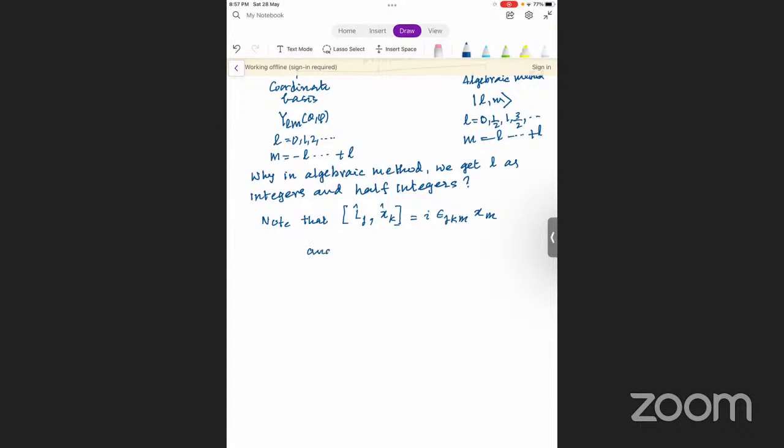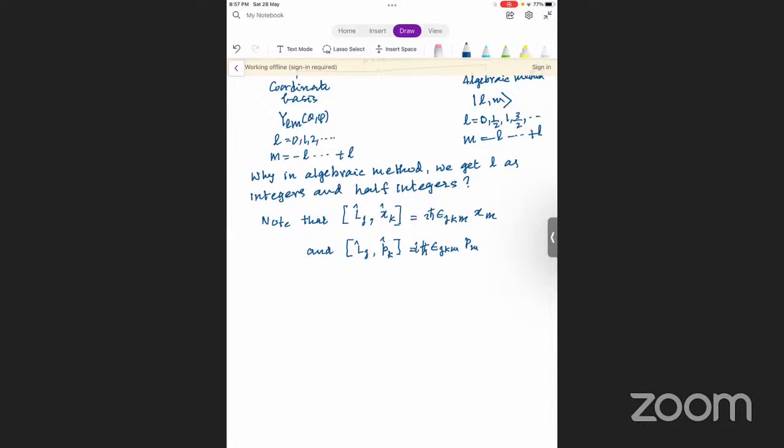Also, Lj comma pk is equal to i h bar epsilon jkm pm. Okay, so I think I should write this h cross.